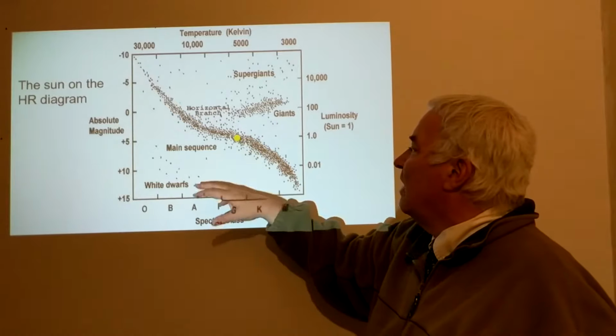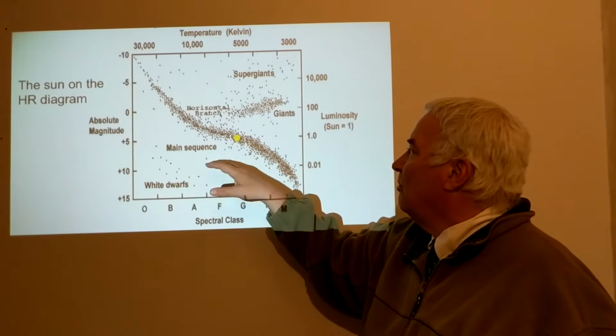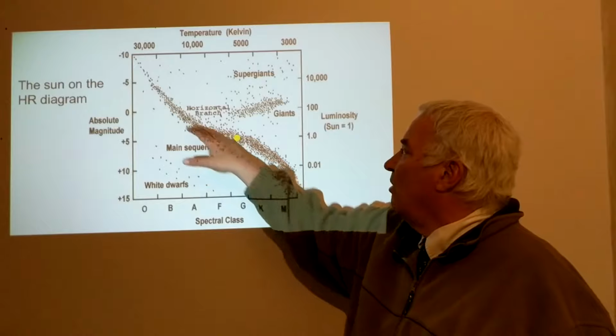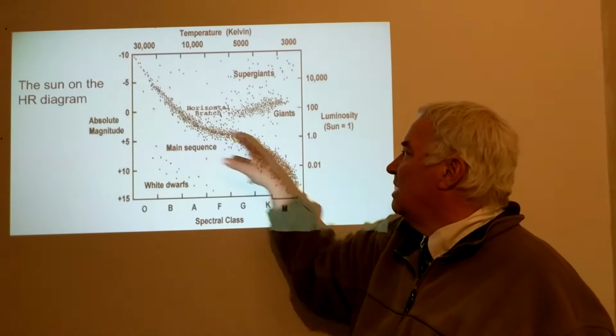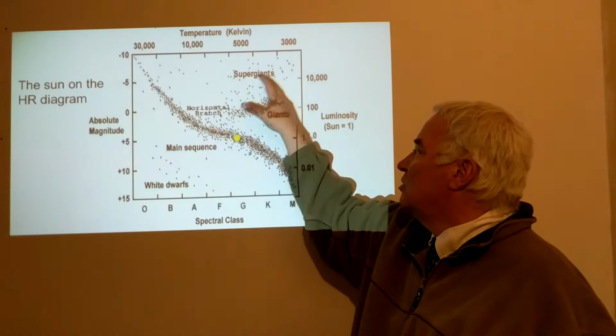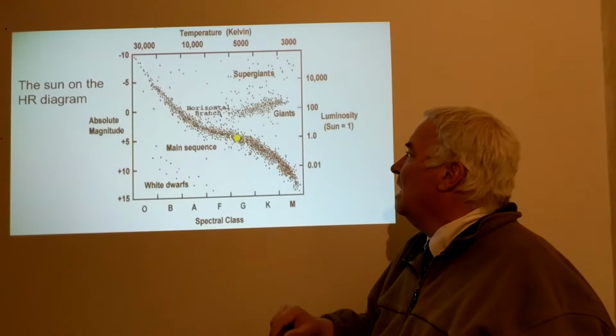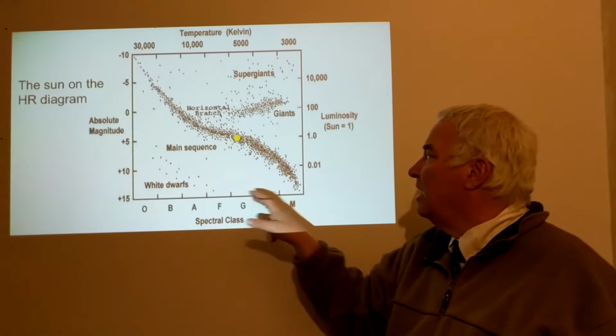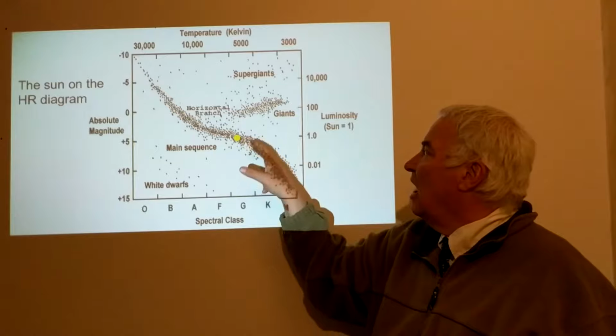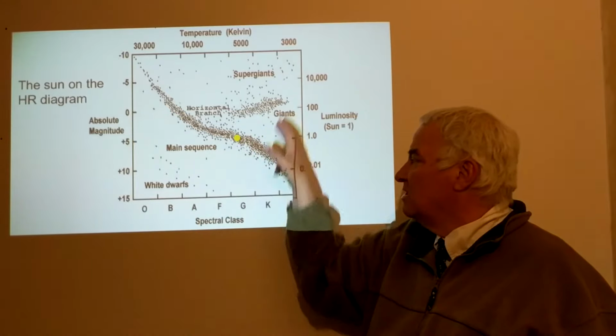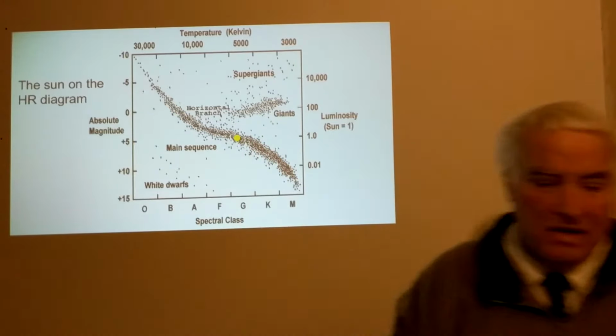And we see that we can look at not just the 90% of stars that are on the main sequence, but we see that there's giants and supergiants and white dwarfs. And so the focus of the video here will be to see how these other groups and regions get populated in the diagram.